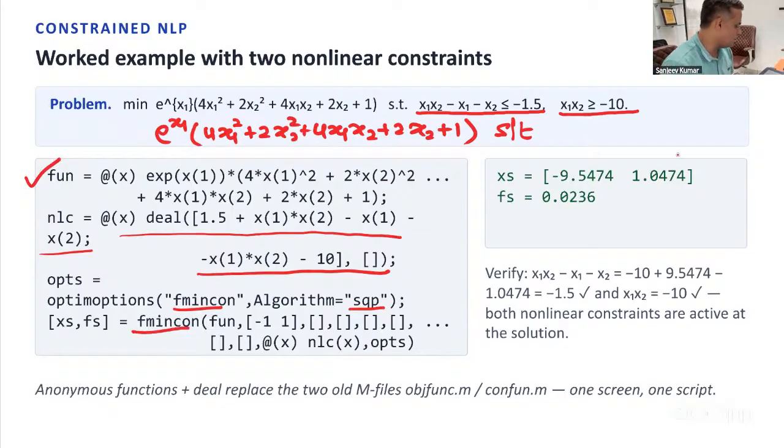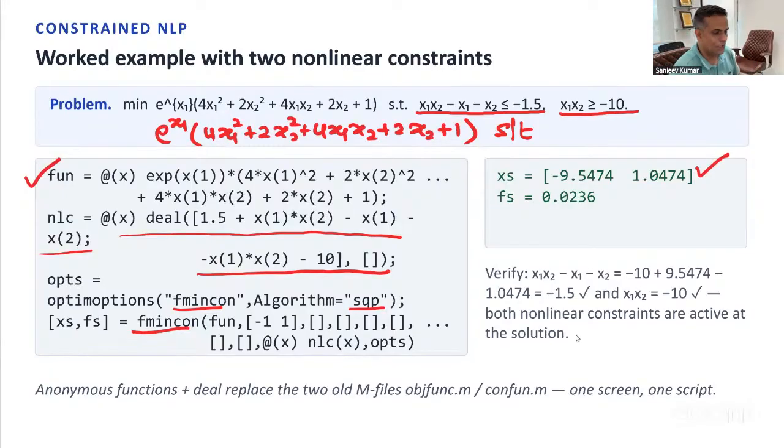And once you call it, you will get the answer. Like this is the value of x1 and x2 at which this function has the minimum value, and the minimum value is 0.0236. You can verify whether all the constraints are satisfied or not, and so on.